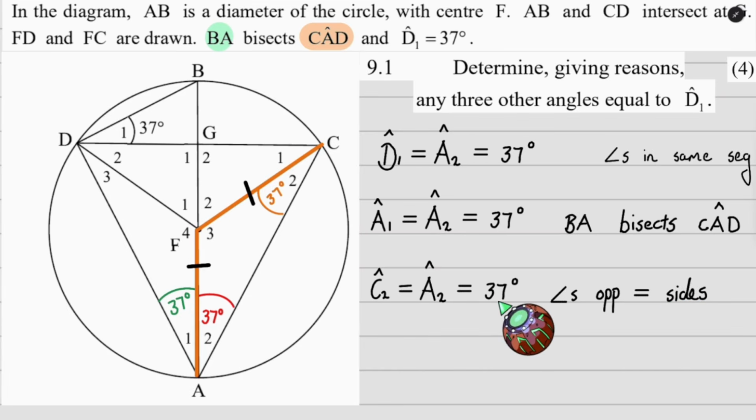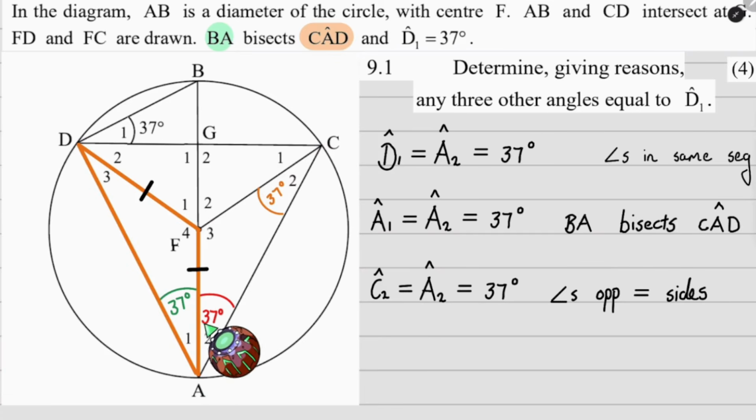And lastly, I'm going to do you one better. I'm going to get you a fourth angle equal to D1. So I see another isosceles triangle over here. AF is a radii, FD is a radii, which makes this orange triangle an isosceles triangle. So D3 will also be 37 degrees for the same exact reason, angles opposite equal sides.